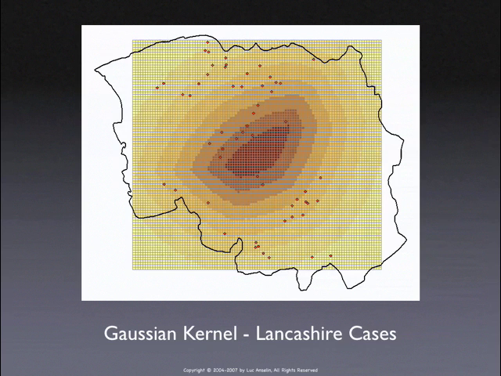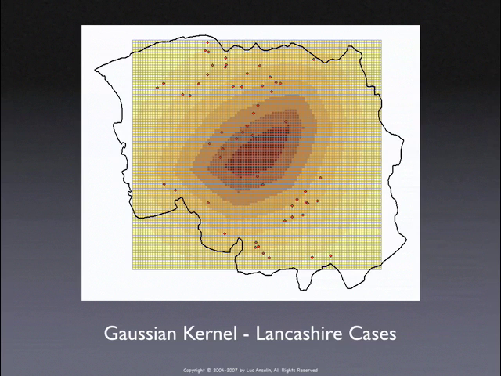This is the Lancashire example because I'm interested in comparing the patterning for the cases to the patterning of the controls, the population at risk. I believe this is some kind of larynx cancer, and then the controls is a random subset of postcode addresses of the population. You can read up on it in the readings, there's a long explanation. It's a classic data set.